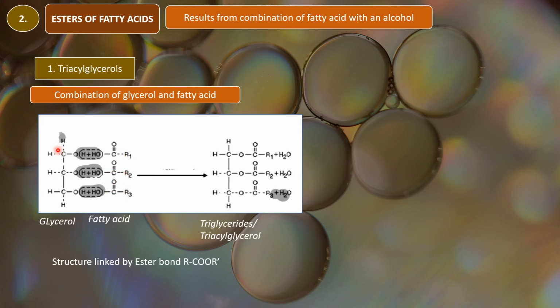So like this, glycerol combines with 3 fatty acids, and the hydrogen from glycerol and the OH from each fatty acid combine and are liberated as a water molecule. In between, there is a bond formation, that is R-C double bond O-R, an ester bond is formed.